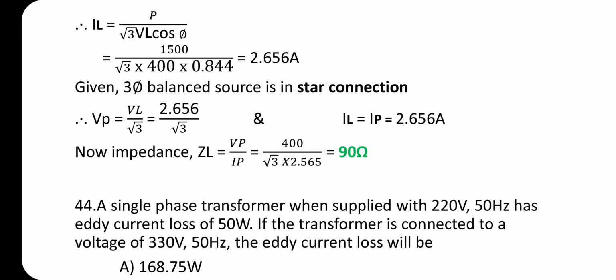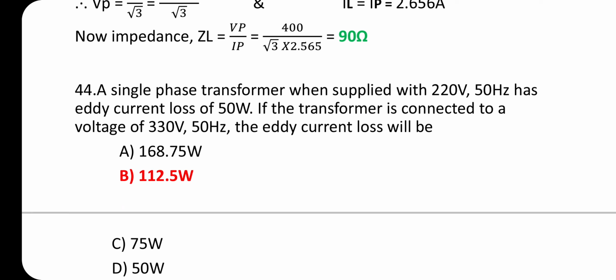Therefore, VP, phase voltage, equal to VL by root 3. Substituting the values of VL, and IL equal to IP, which is equal to 2.656 ampere. Now the impedance ZL equal to VP divided by IP. Substituting the values, we get ZL as 90 ohm.